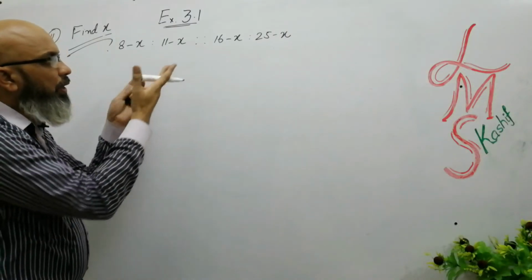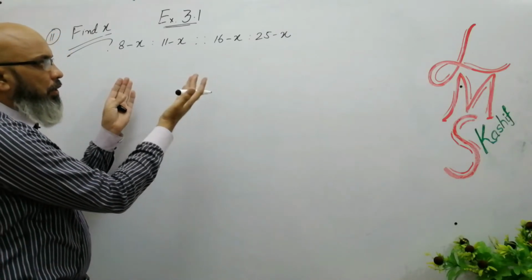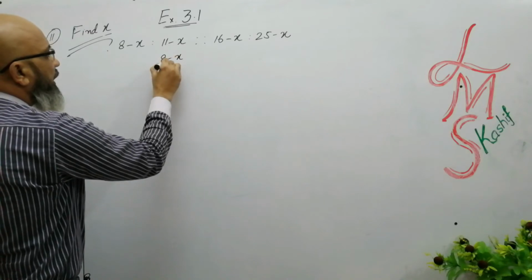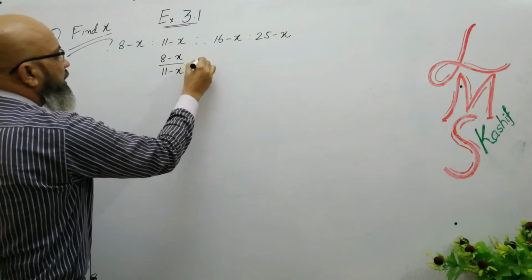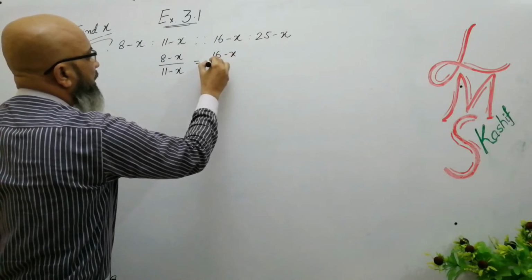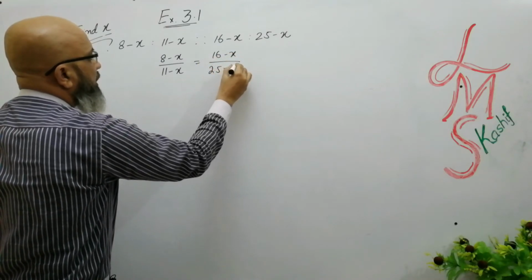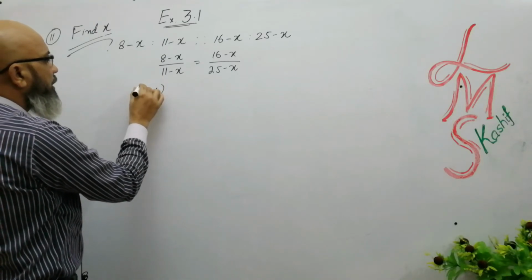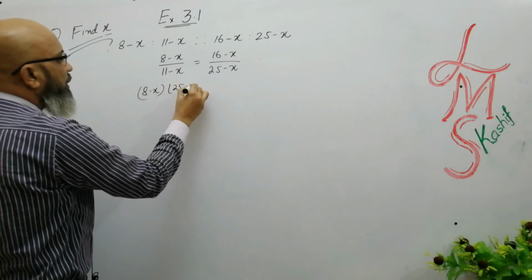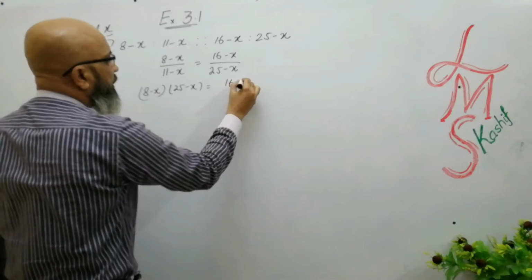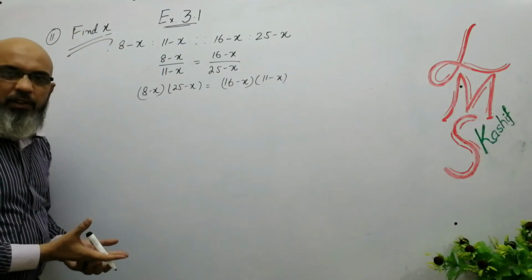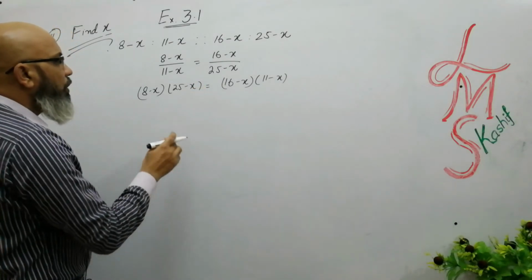The other way you can write these values in fraction form, in this way, 8 minus x over 11 minus x is equal to 16 minus x over 25 minus x. Now by cross multiplying, 8 minus x multiplied by 25 minus x is equal to 16 minus x multiplied by 11 minus x. Cross multiply, open this bracket and solve this question. We will get the value of x.